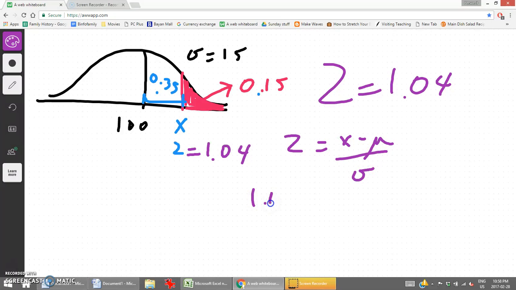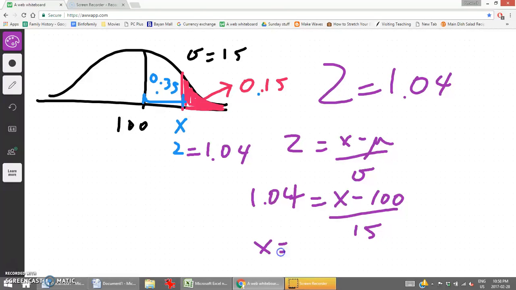Z is 1.04, x is our unknown, the average is 100, standard deviation is 15. Cross multiplying, we would get an x value of approximately 115.6. So that is the answer. Any IQ value greater than 115.6 would be in the top 15%.